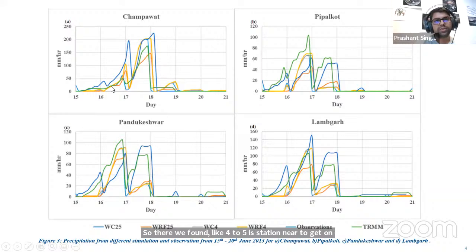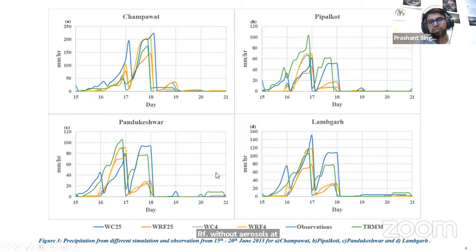So you can see observations were in blue, and TRMM over those points was in green. And all the simulations, WRF with chemistry, WRF without aerosols at 25 kilometer, and at convection resolving scale, performed quite well over those regions, but there was a slight time lag of 2 to 3 hours with the model simulation.